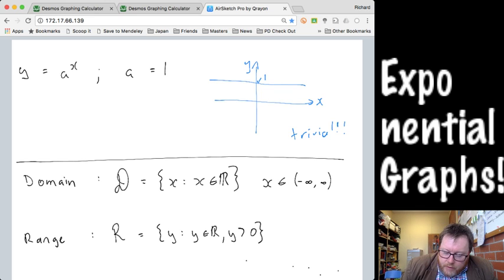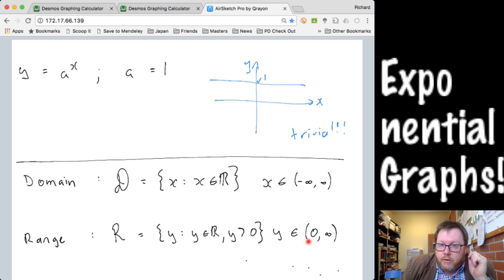Or if you prefer interval notation, y is a member of 0 to infinity, like so. Do note that you need to use the round brackets here for 0 to ensure that they know that 0 is not included in the range. You'd use square brackets to say inclusive and round to say it's not inclusive. And we always use a round bracket when we're dealing with infinities because infinity is weird.